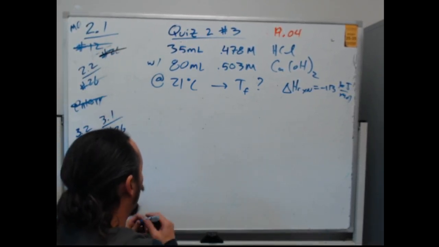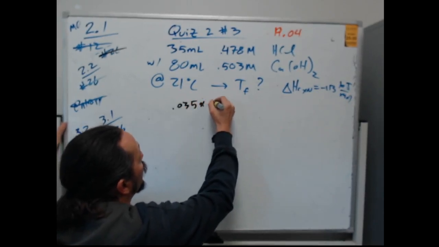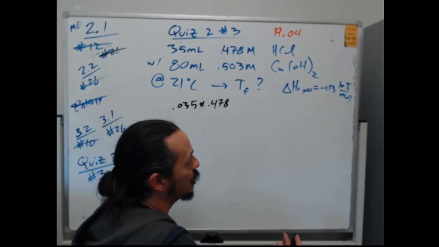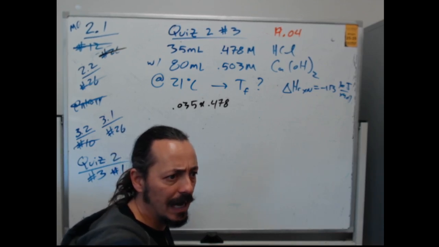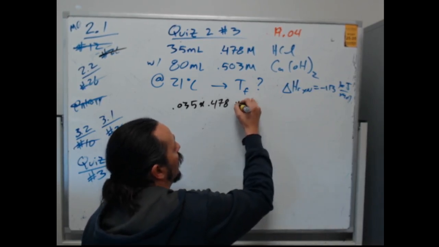So I'm just going to do 0.035 times 0.478. That will get me my moles of reaction, because it's going to be 1 mole of HCl, or it's going to be 2 moles of HCl per reaction, right? Shoot, I kind of forgot what the balanced equation was.